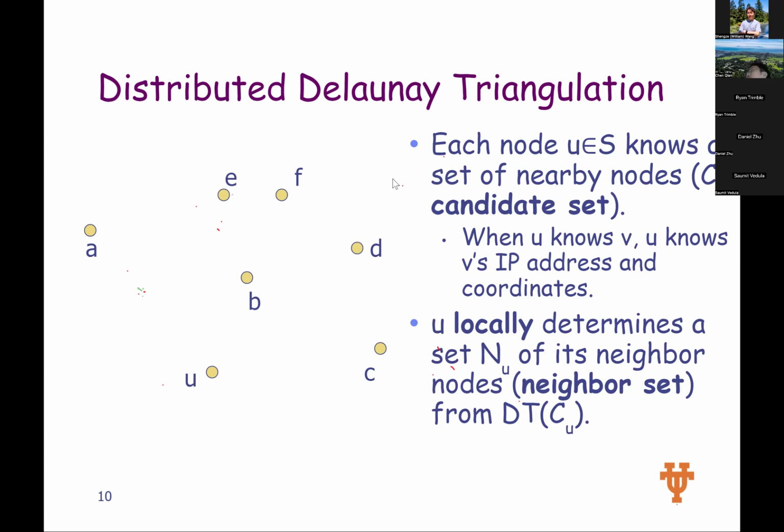Does that make sense? Okay. So I believe even with a centralized computer, the distributed DT calculation is still much more efficient than the global DT calculation. But I didn't verify it. Okay, so let's go.